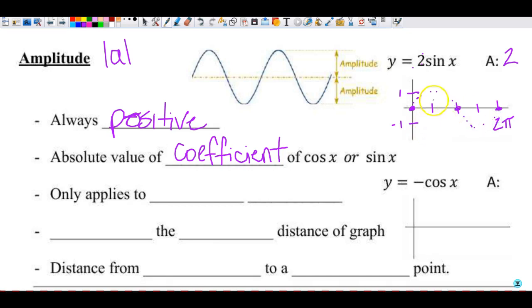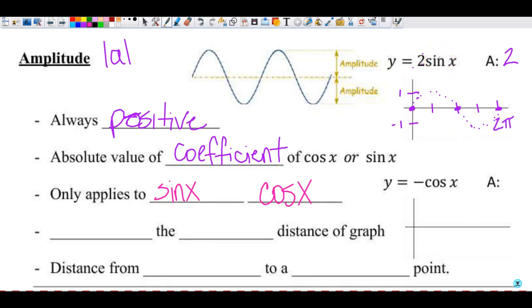All right. But when you have the amplitude, it only applies to sine of x and cosine of x. And that's what we're doing here. We dotted our little parent function for sine of x.